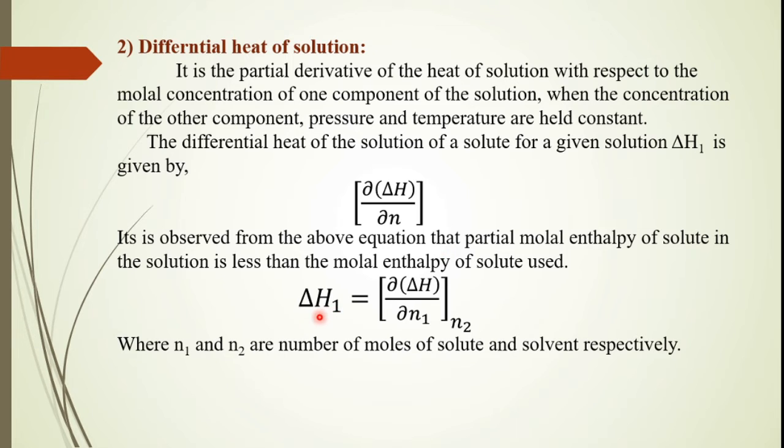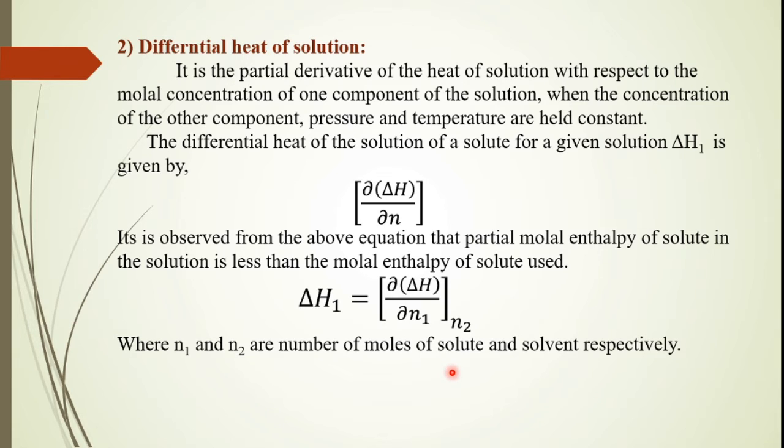So here we will see delta H1, that means for component 1: ∂ of heat of solution with respect to ∂n1, where n2 is kept constant, that means the other component concentration is kept constant, where n1 and n2 are the number of moles of solute and solvent respectively.